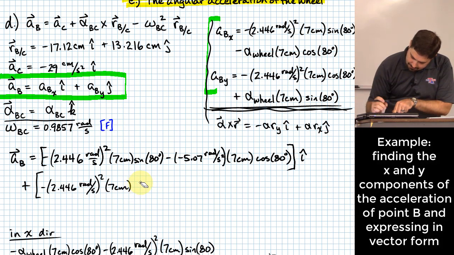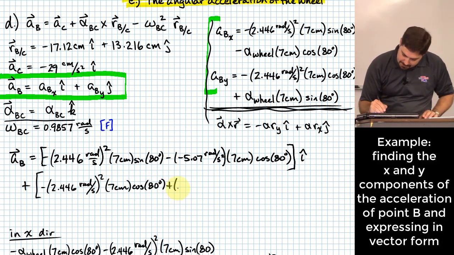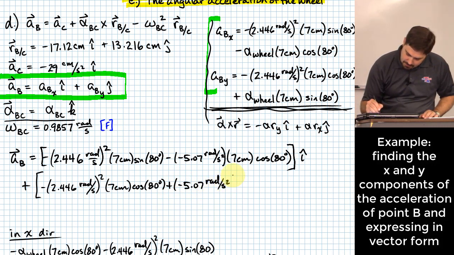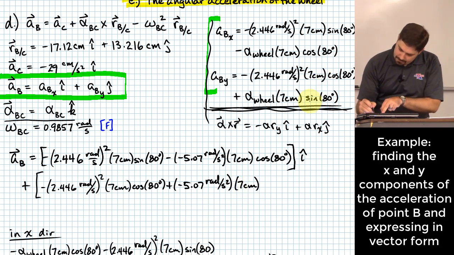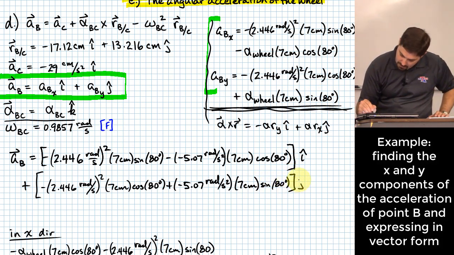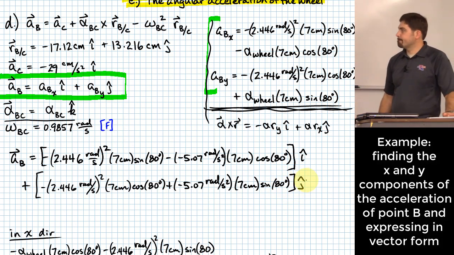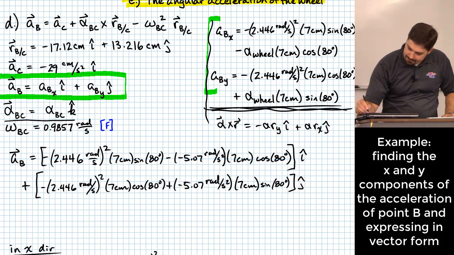Oops, that's cosine of 80 degrees plus a minus 5.07 radian per second squared times 7 centimeters times the sine of 80 degrees, J. All right. We can punch those in.